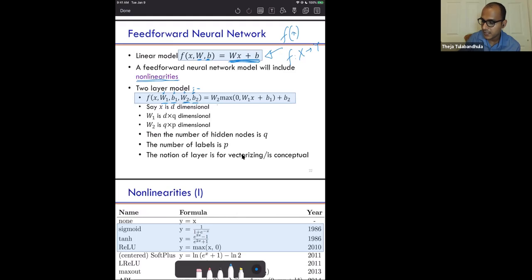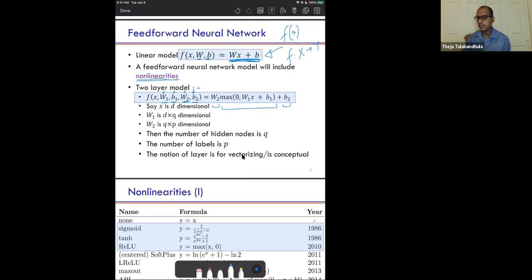So this is an example. W2 times a max operation on an input plus a vector. Okay, so W2 is a matrix, B2 is going to be a vector, and W1x plus B1, we already know from last time, is a vector.